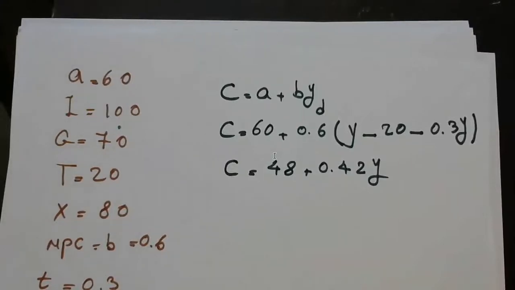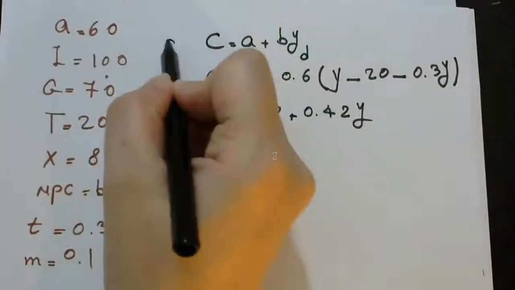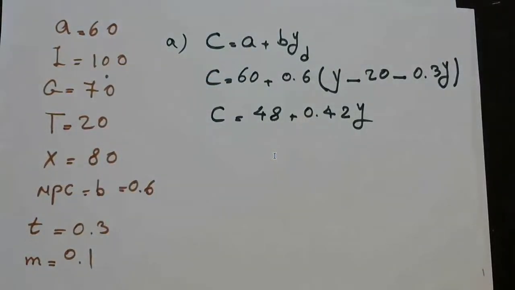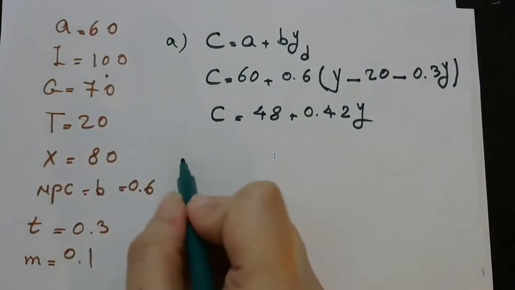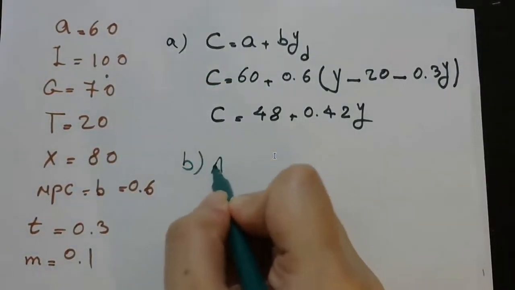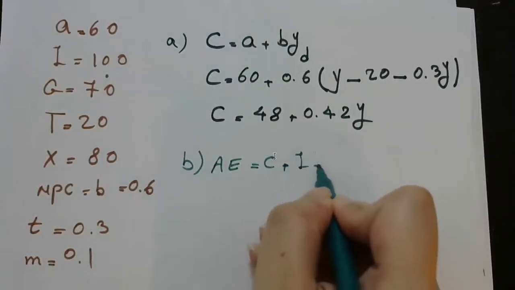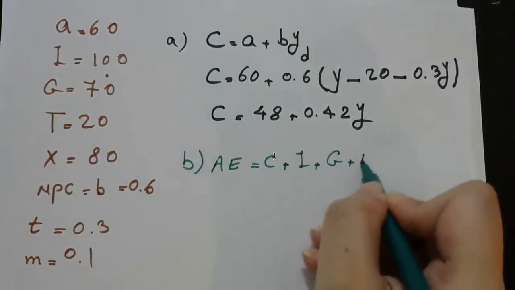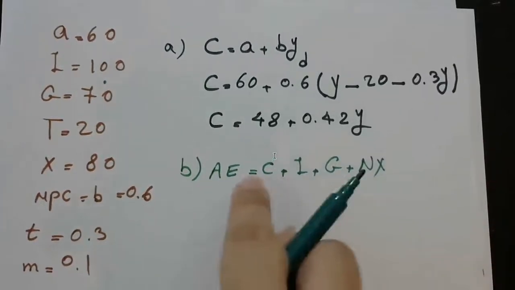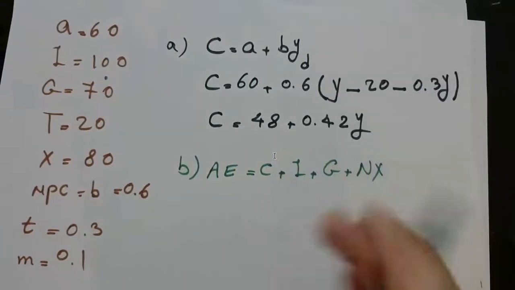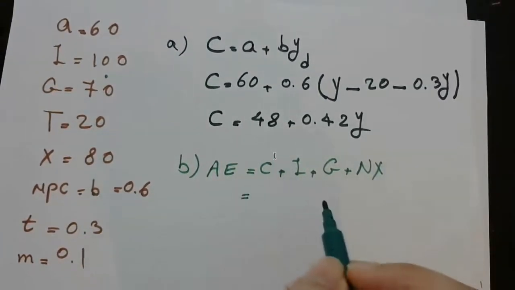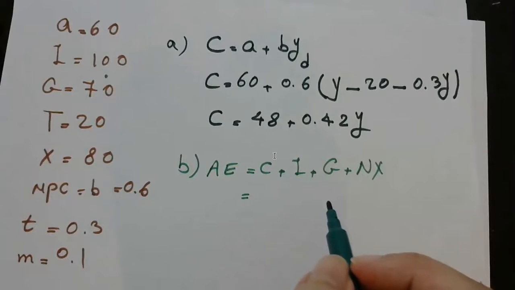Then after that, what do we want to calculate? Aggregate expenditure. This is part A. Part B, aggregate expenditure. What is this? C plus I, and again, for the hundredth time I'm emphasizing, don't forget to write the formula. C is given.